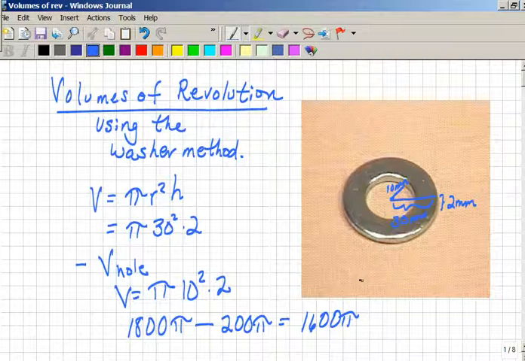So the volume of the washer is 1600 pi cubic millimeters. Now we're going to do something very similar using this technique called the washer method. So let's go to an example.